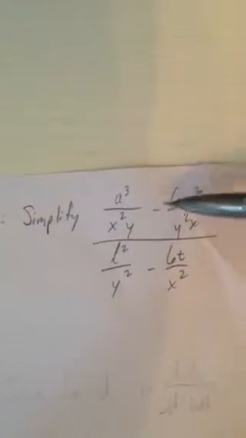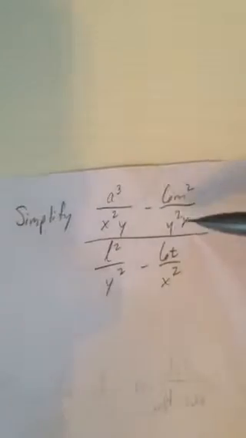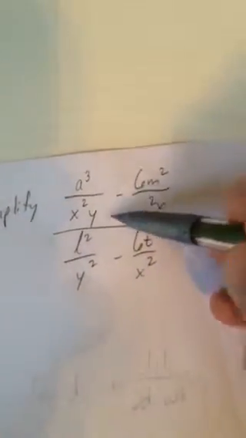Off to the side, here's my problem. So go ahead and write that down. Again, I see subtraction on top and bottom, so before I can do anything else, common denominator on the top and bottom. So my common denominator up here is going to be x squared y squared.